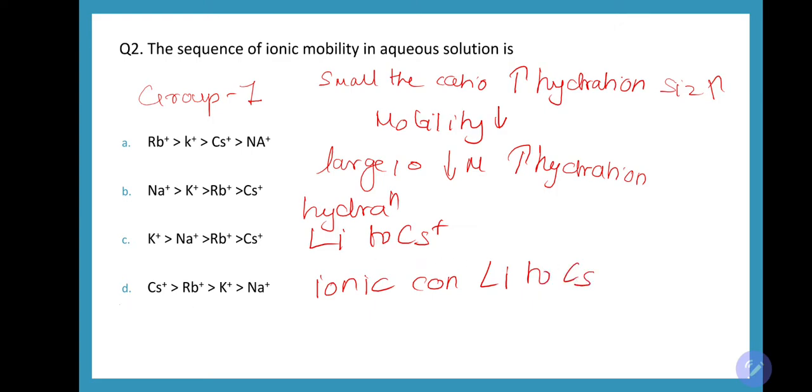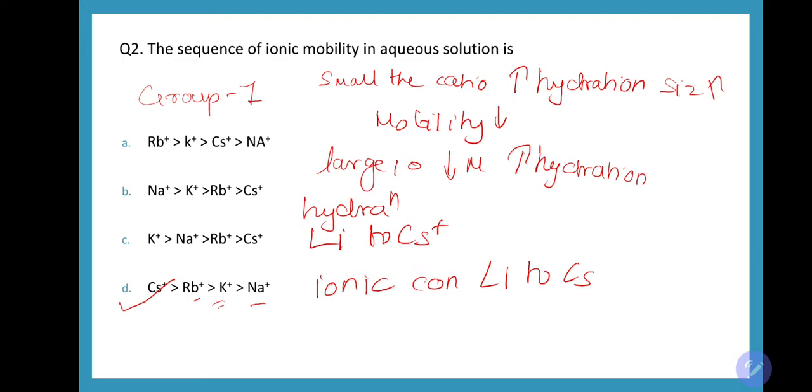So the correct answer is cesium, then rubidium, then potassium, and then sodium. So this is the answer.